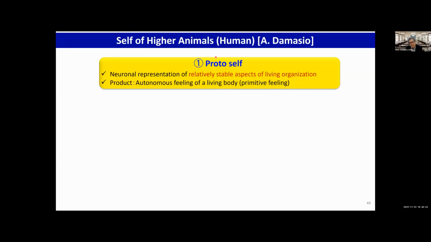The self of higher animals is categorized into three. The first one is the proto-self, which gives a representation of relatively stable aspects of the living organism, such as the internal milieu.